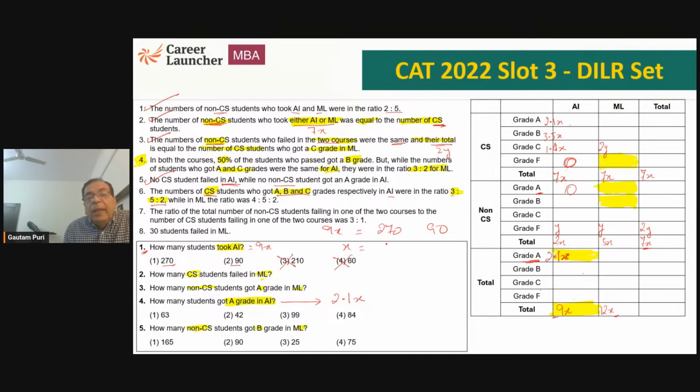That means x should be equal to 30 or 10. Now, question number 4. If x is equal to 30, 2.1x will be equal to 63. And if x is equal to 10, 2.1x will be 21. That means the answer to question number 4 will be either 63 or 21.